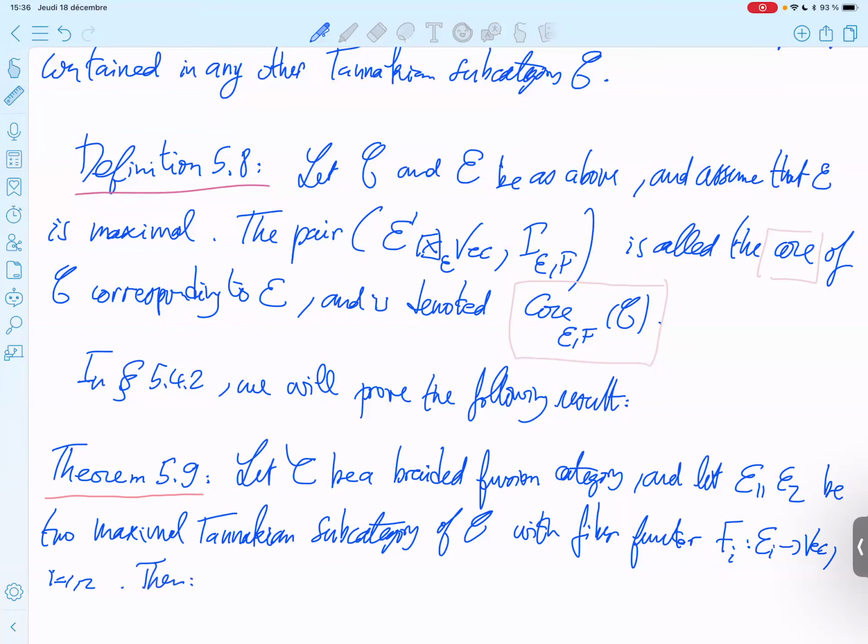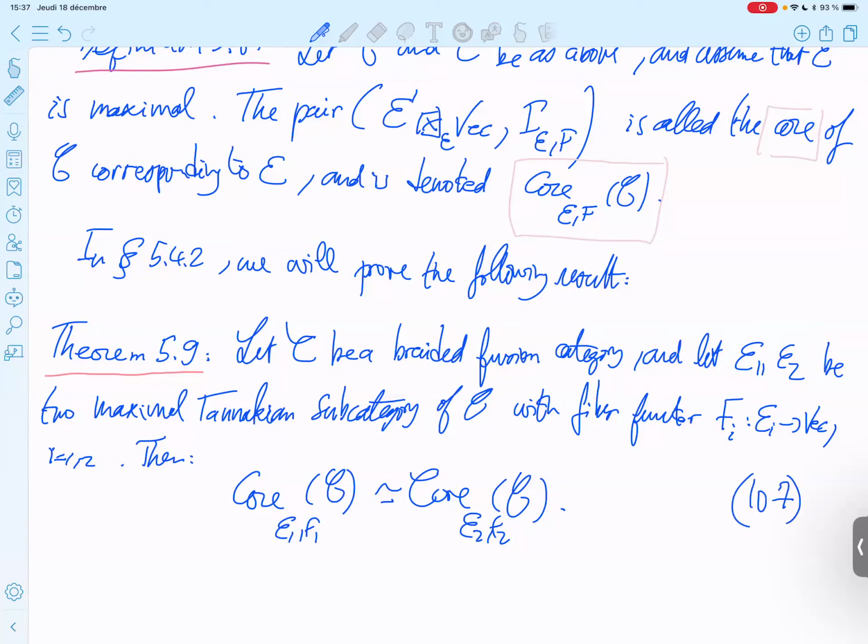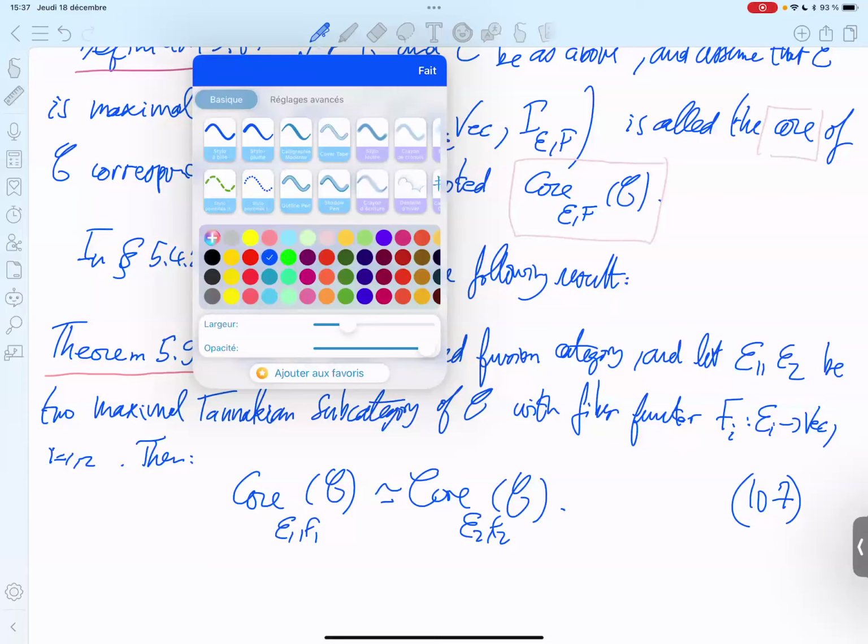Then the core with respect to E1, F1 of C is isomorphic to the core of E2, F2 of C. Remember that the core is defined as a pair, so we need to specify what we mean by isomorphism. And this is exactly what we will explain now.